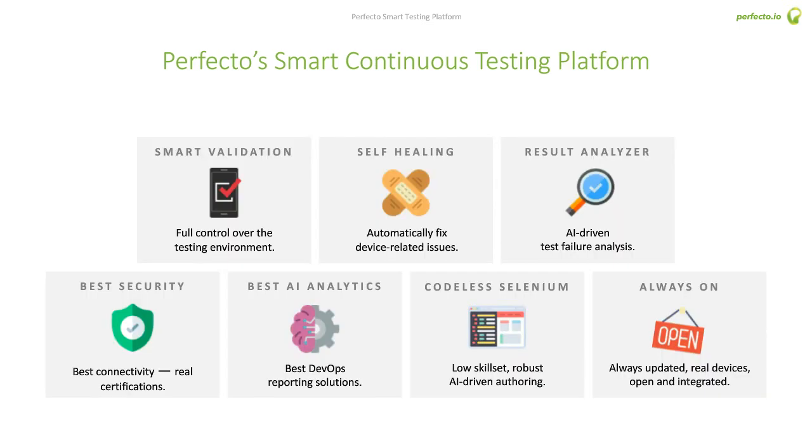And so some of the pieces that we have here, smart validation. You saw where I was trying to run a browser OS combination against a mobile device, and it's going to say, no, you can't do that. Some of the things we're trying to do within the lab itself is self-heal. I think the biggest issue we find with real devices is the devices sometimes disconnect from Wi-Fi and have a hard time reconnecting.